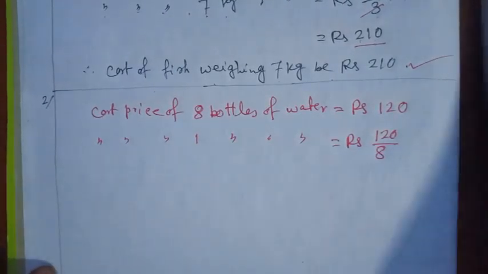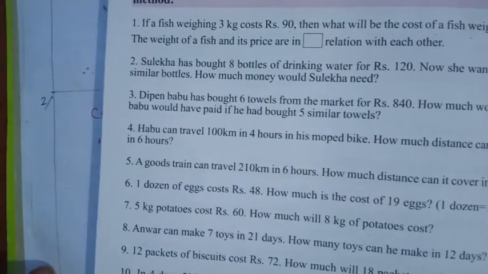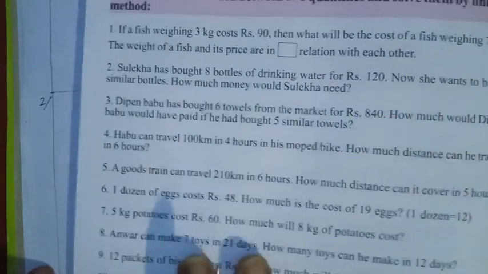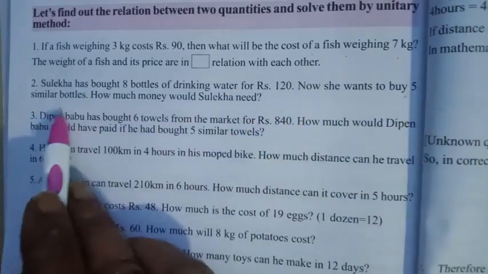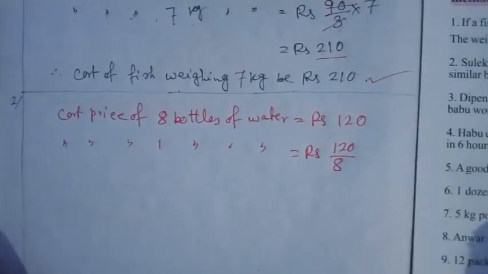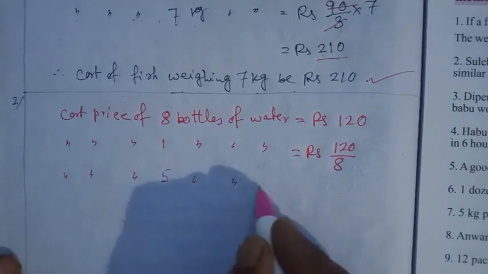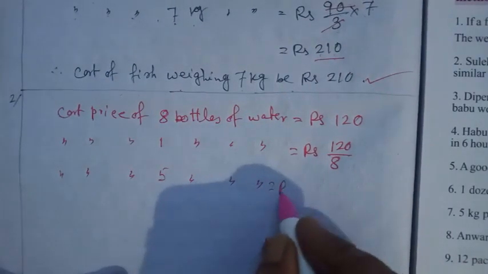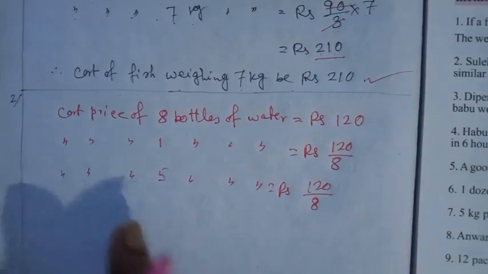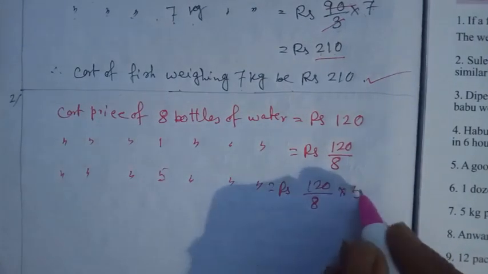Now Sulekha wants to buy 5 similar bottles. So we have to find out the cost price of 5 bottles. Cost price of 5 bottles of water is equal to how much? Same thing, 120 by 8, previous one cost of 1, multiplied by 5.